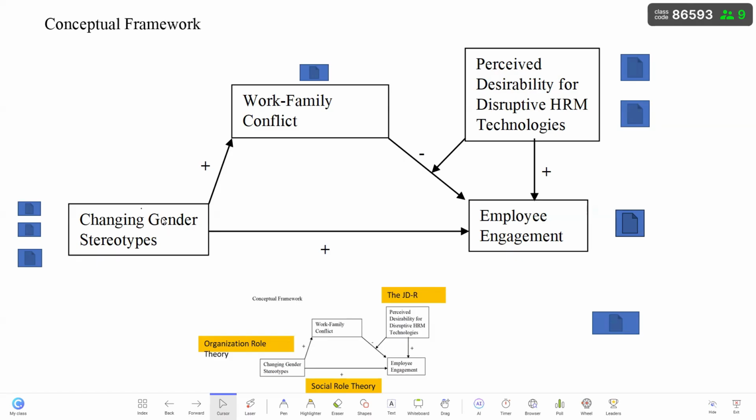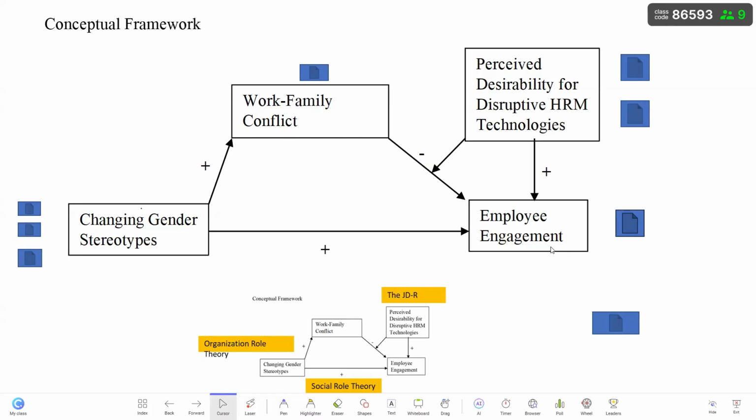This is what is happening in reality. We have both partners working nowadays, and as a result we have work-family conflict, and work-family conflict results in decreased work engagement. We need a mechanism.